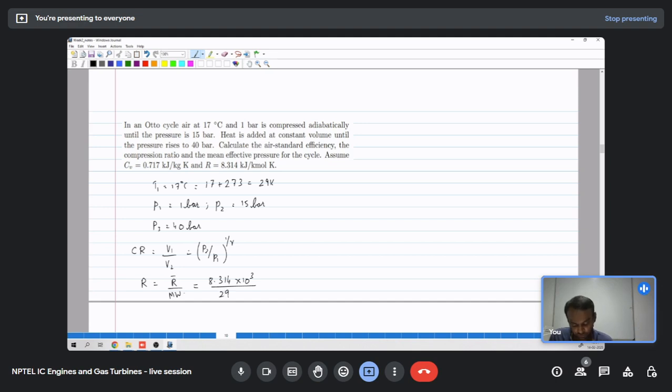So molecular weight of air is 29. So we will have 287 joule per kg Kelvin.